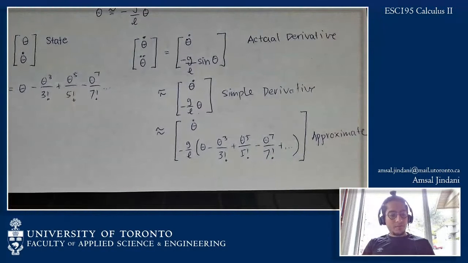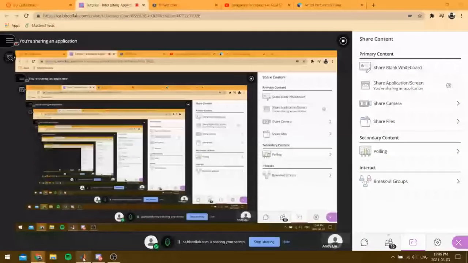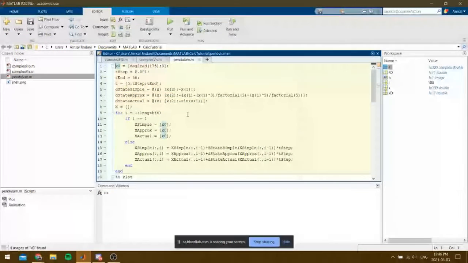So let me hop onto MATLAB and just walk through the code on simulating a system such as this. So this is, let's say, our initial condition.